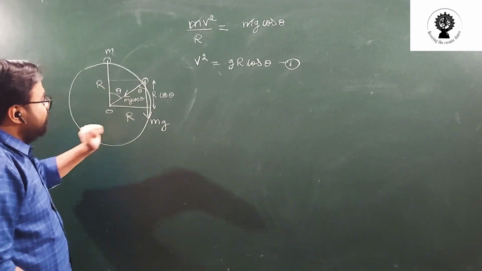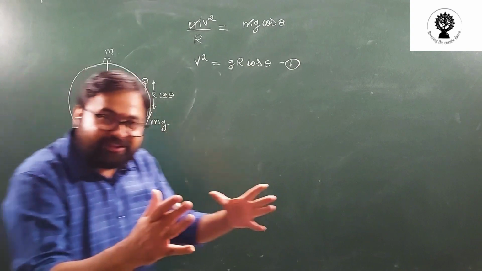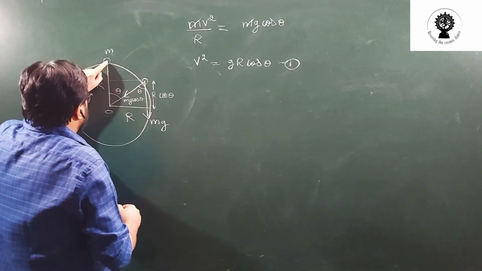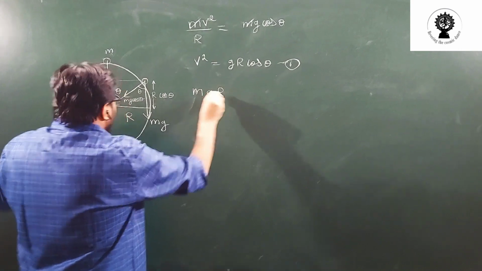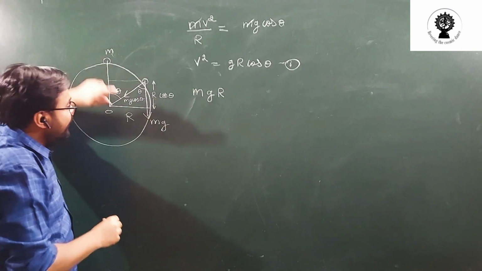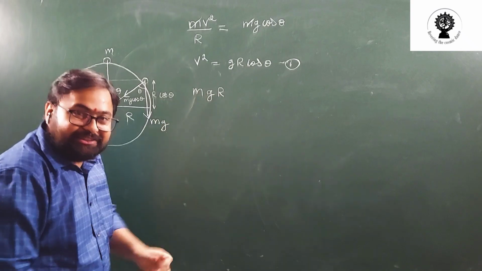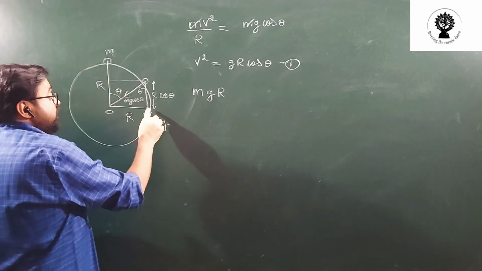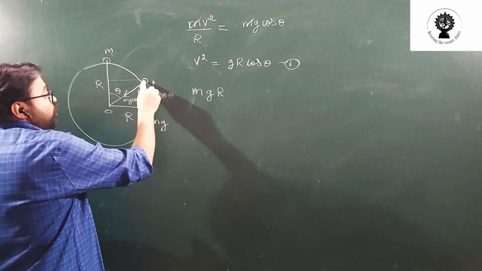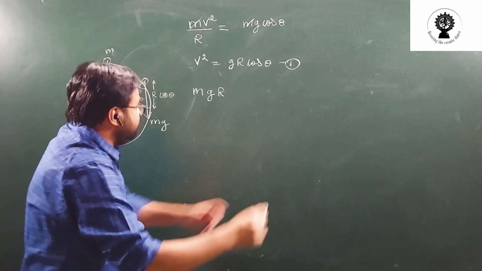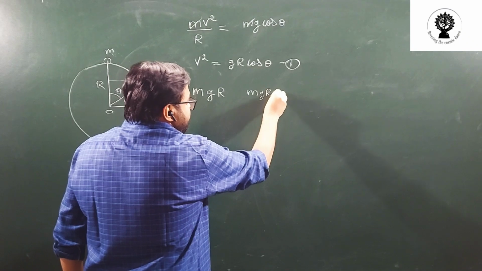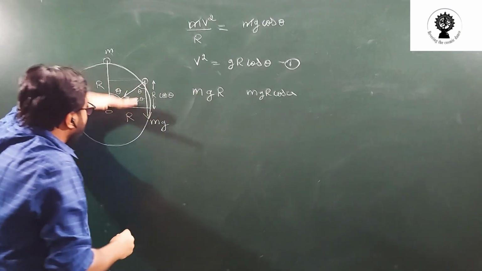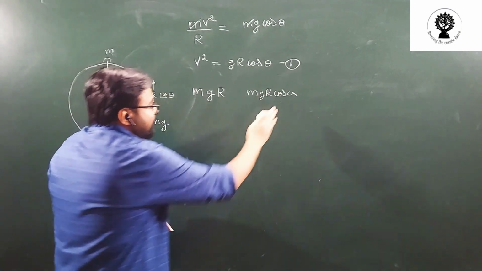Once you know that, you will be able to calculate the difference in potential energy. The potential energy in this place is mgr, because it's measured from here. It's at height r, mass m into acceleration due to gravity into the radius. What is the potential energy once it is just about to leave the surface? It is mgr cos theta, because the height now from the chosen origin is r cos theta.